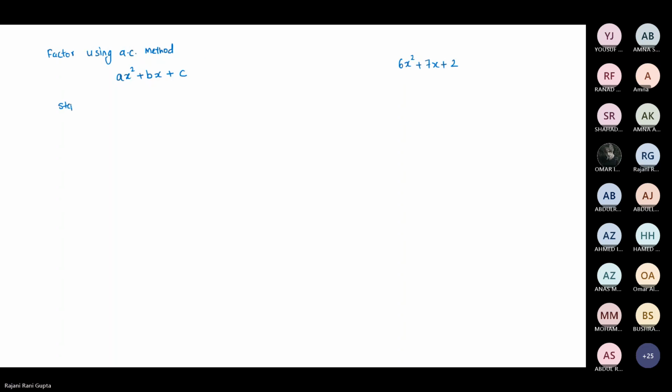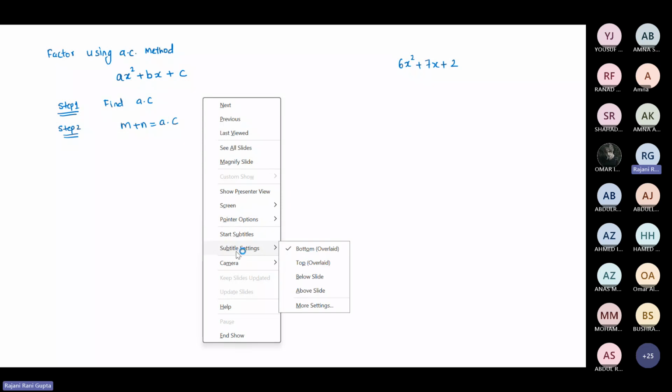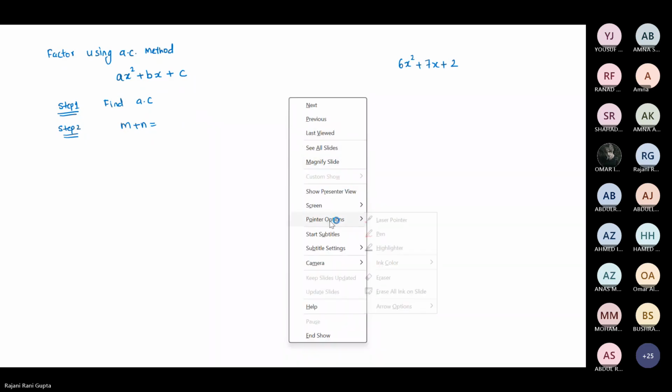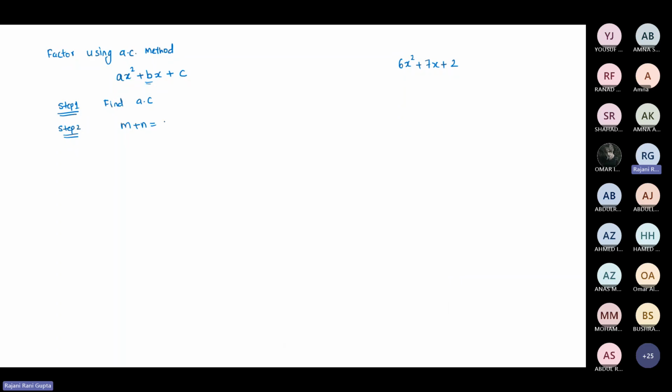In step 1, you have to find A multiply C. Then step 2, you look for the numbers m and n such that m plus n is B, and when you multiply m and n, you get AC.